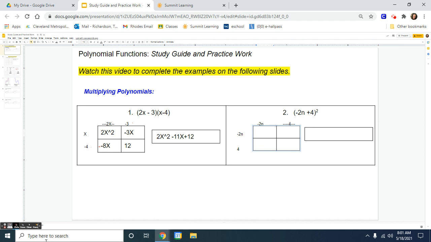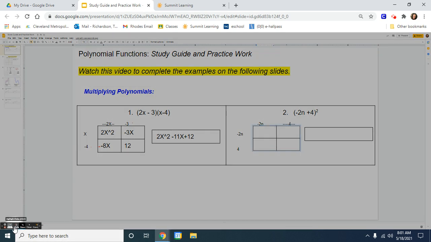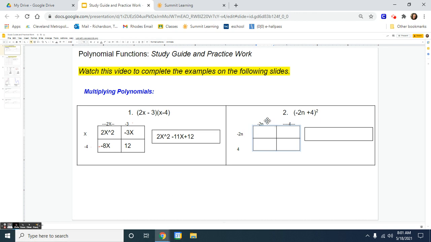So for this box, we're looking at negative 2n and negative 2n. So negative 2 times negative 2 is a positive 4. Let's go in this first box. And we have n times n, so it's n squared.